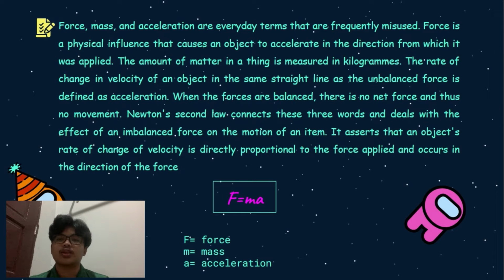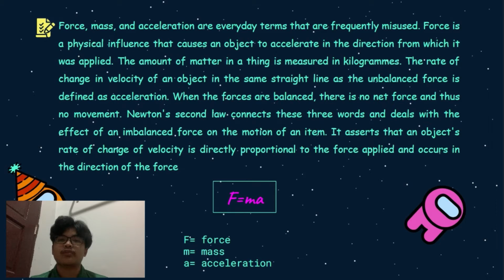Force, mass and acceleration are everyday terms that are frequently misused. Force is a physical influence that causes an object to accelerate in the direction from which it was applied.